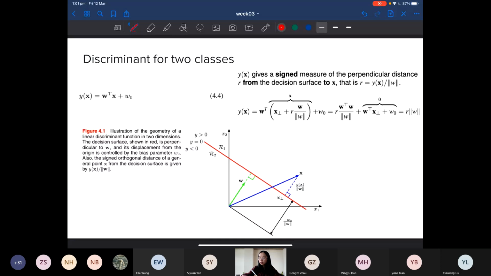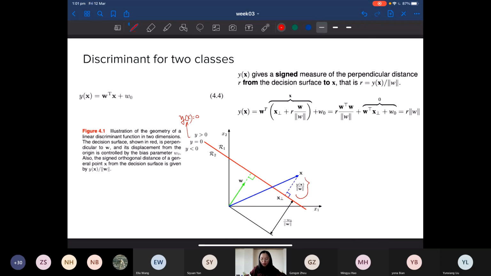The red line is now y of x equals 0. For an arbitrary x denoted by the blue arrow, we argue that the distance to the decision hyperplane is y of x.